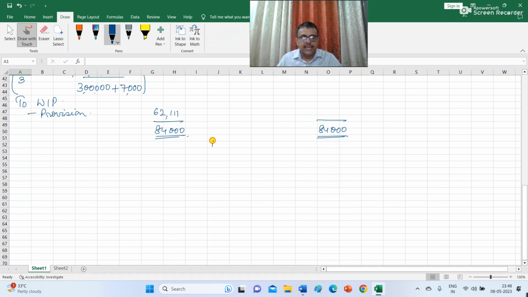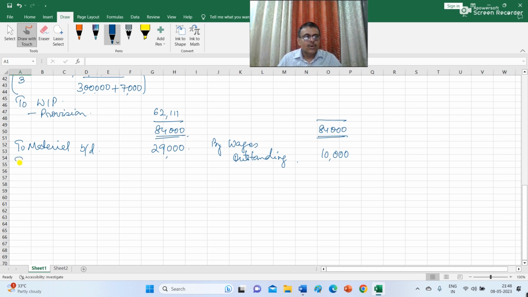So on the credit side, I have to record the wages outstanding for rupees 10,000. The material in hand will be written as 29,000.